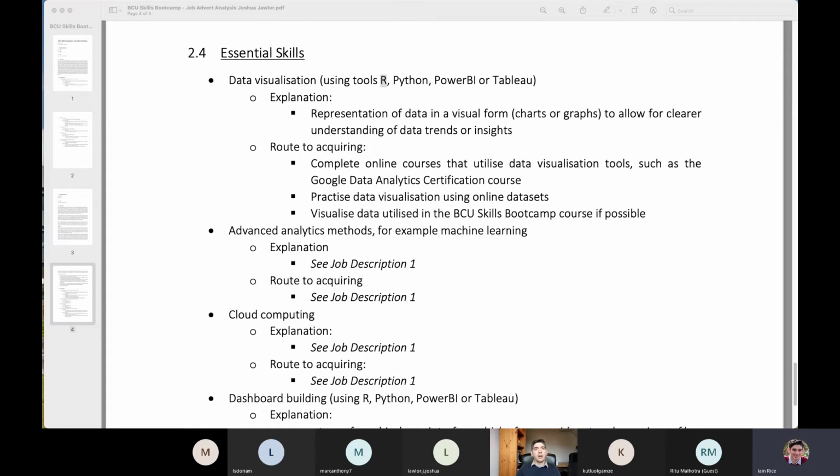So it's just subtly different, but it does a lot of the same stuff as Python. Has anyone heard of Power BI? So don't worry if you haven't.